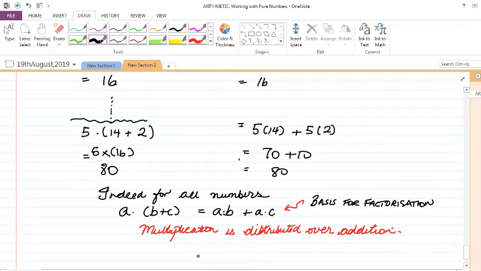Okay, and it doesn't matter how many terms are in the bracket.